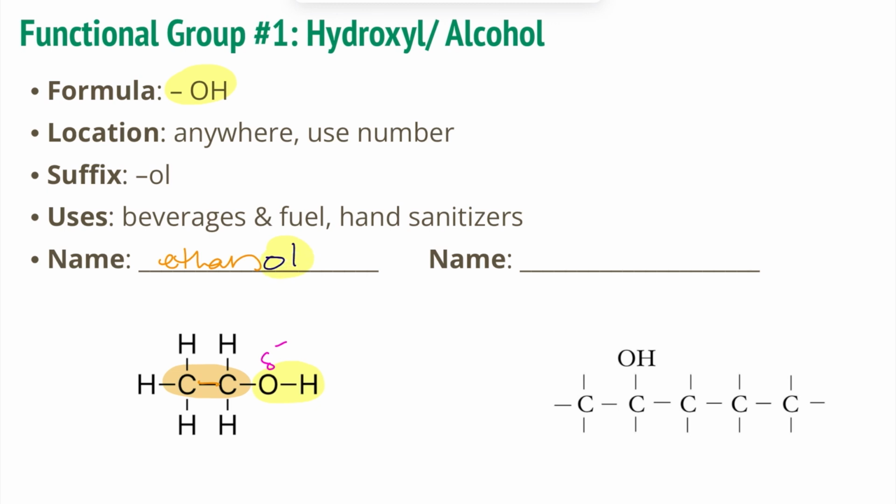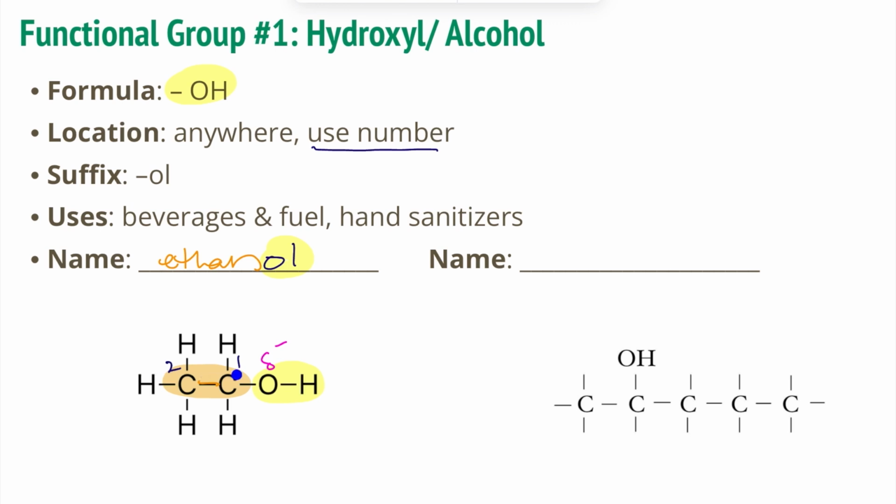And it says here we should use a number. If we look at our numbering, we always number for our group, or anything special, to be at the lowest possible spot. So this would be 1 and 2, and so it's on that first carbon.